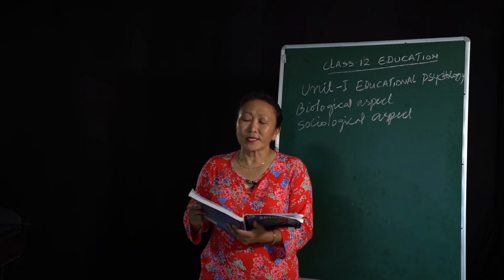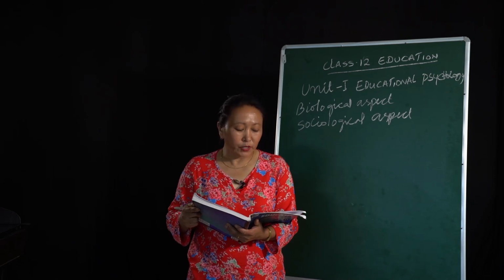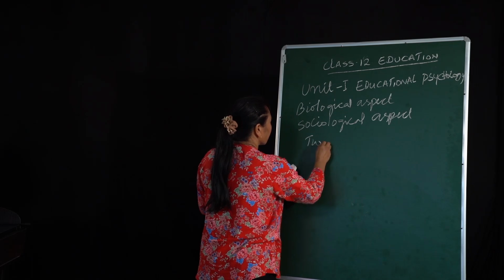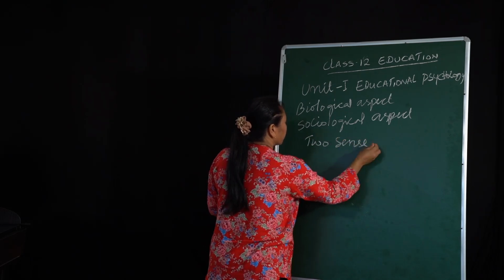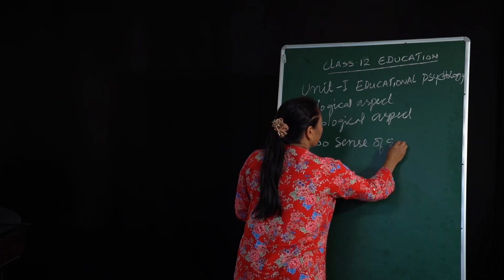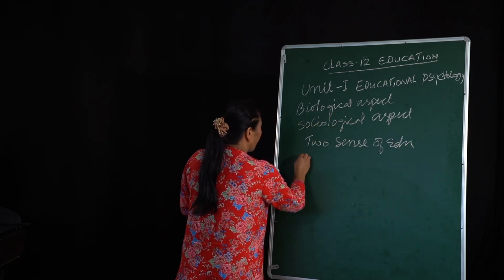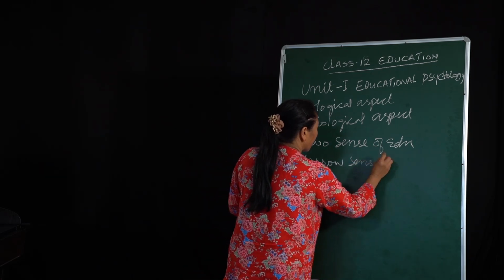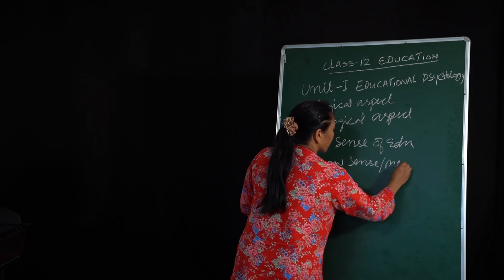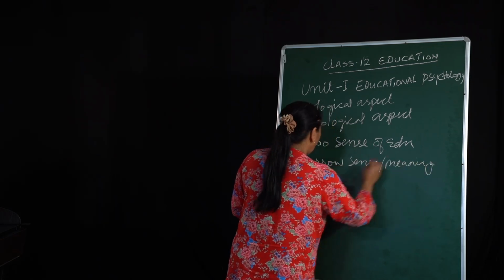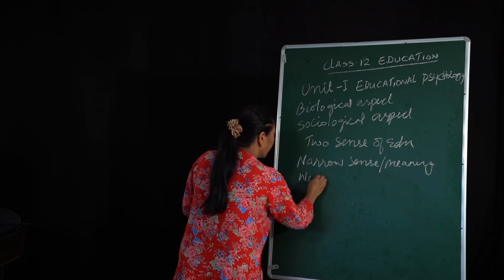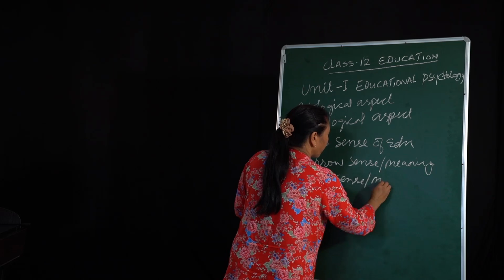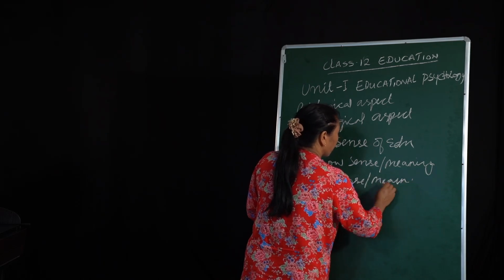We have 2 senses of education or 2 meanings of education. We have the narrow sense or meaning of education, and number 2, the wider sense or meaning of education.